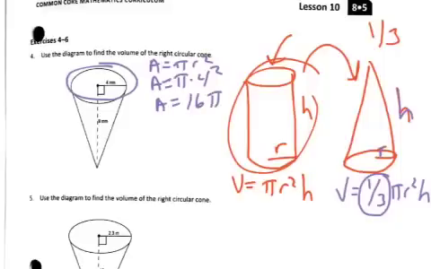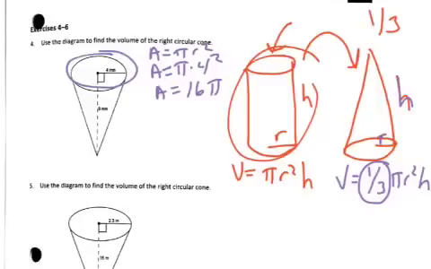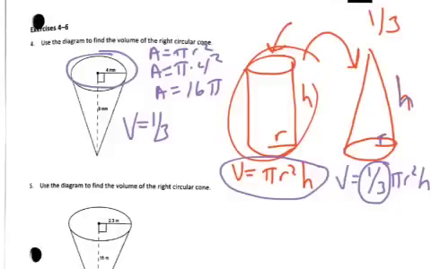Now, to find the volume, remember, it's going to be 1/3 the formula for our cylinder. So 1/3 times our base area, which is 16 pi, times our height, which is 9.